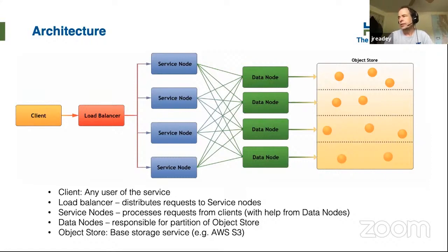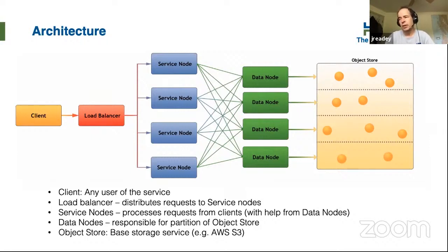On the right, we have an object store, which could be S3, or could be just a POSIX file system. And there's a virtual partitioning of all the objects in the object store. This is done by creating a hash of the object ID. So each object is owned by a specific data node.